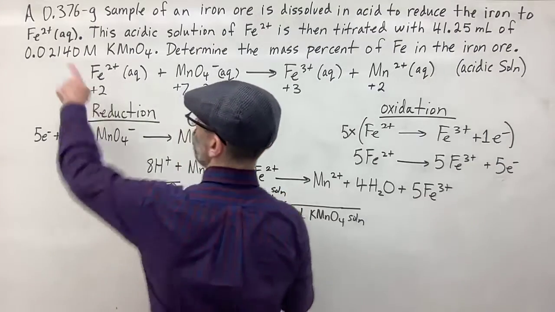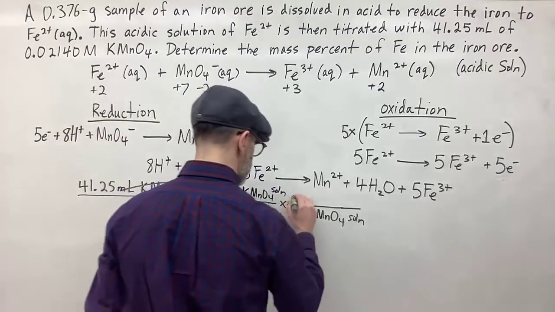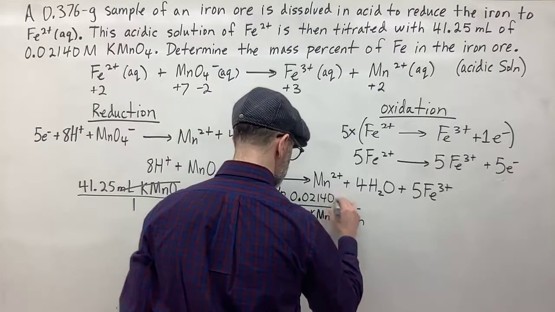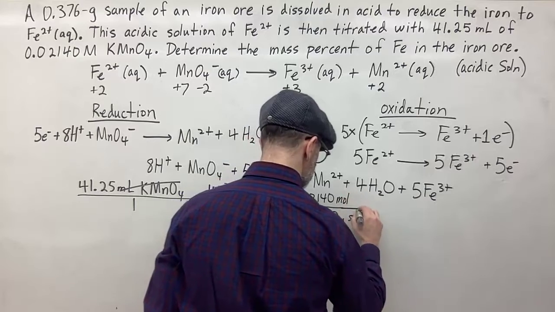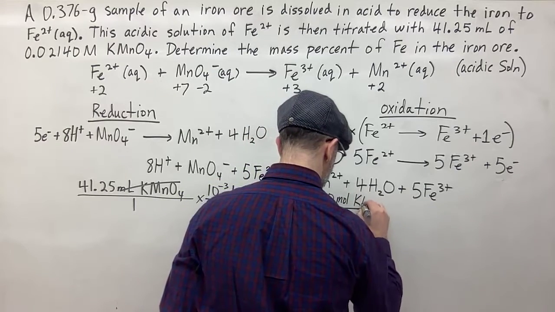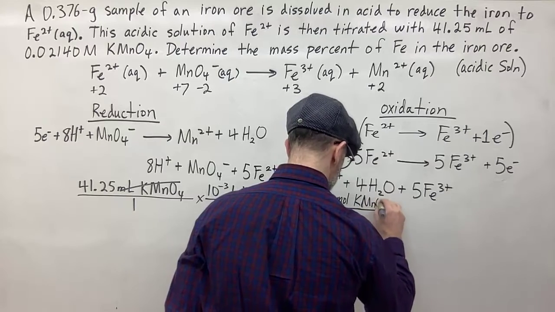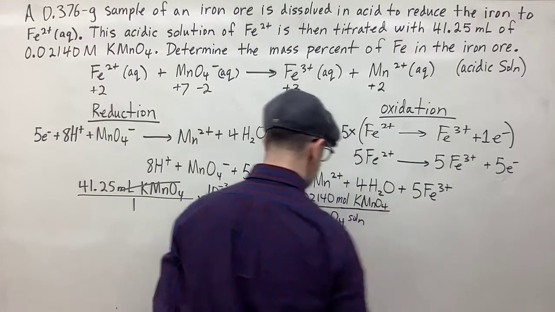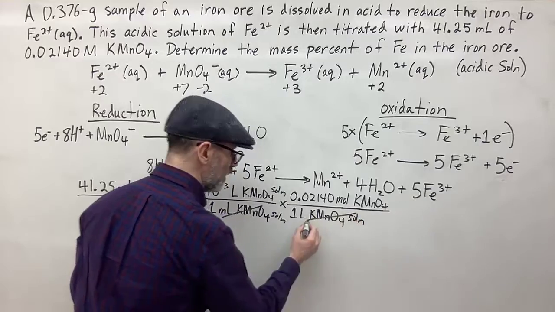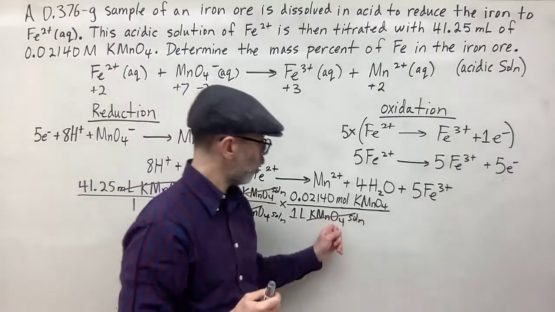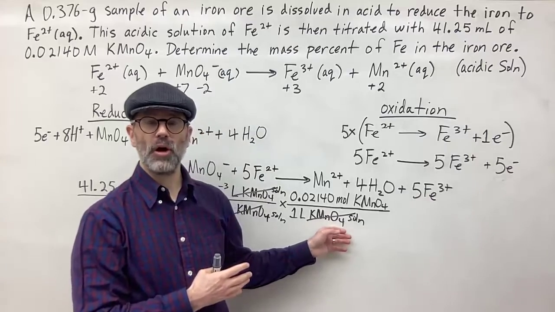And then the moles, 0.02140 moles of KMnO4. So now the liters of the KMnO4 solution will cancel out. Now I have moles of the KMnO4.